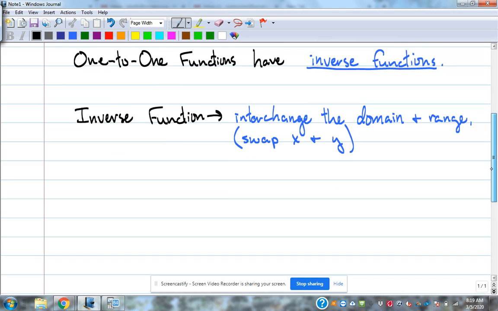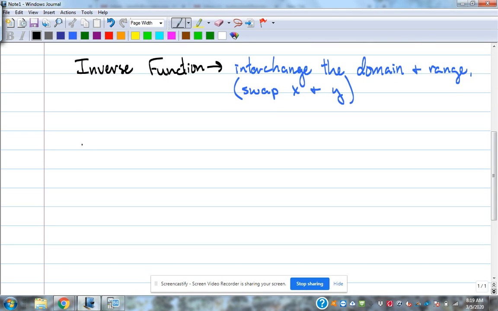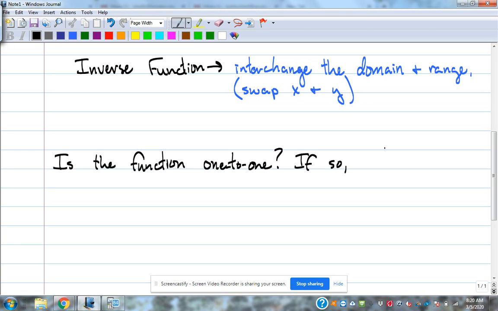So what we're going to do is we're going to do a couple examples here. Is the function one-to-one? If so, find the inverse.